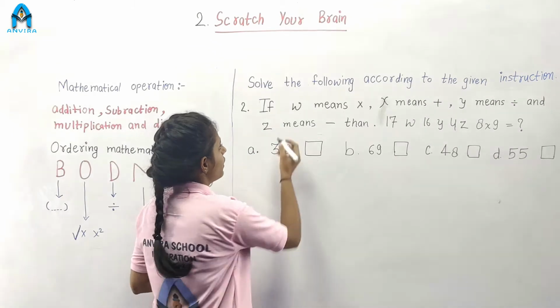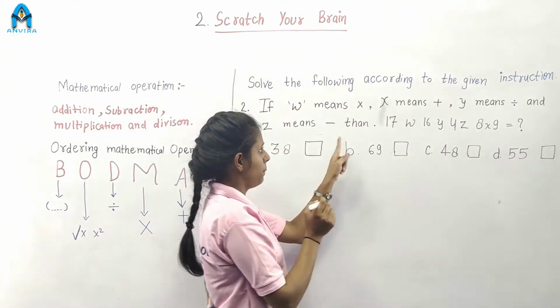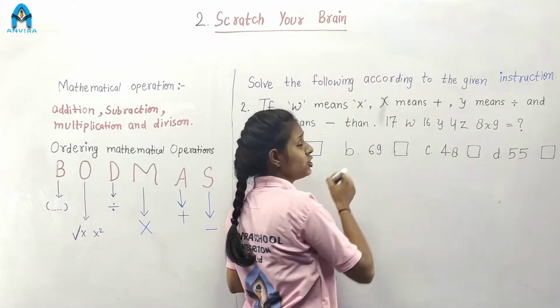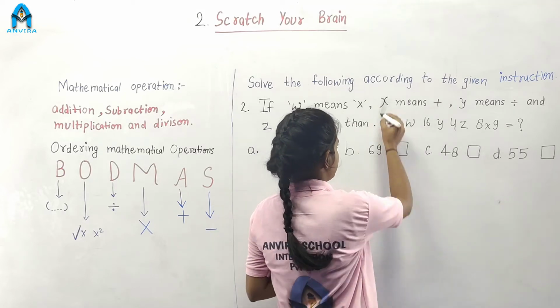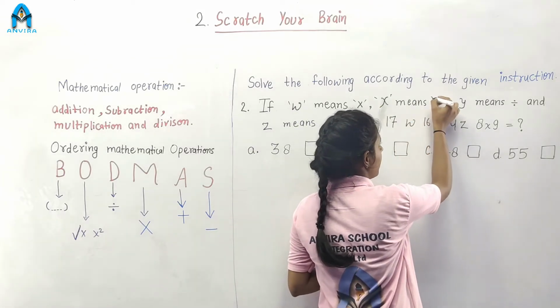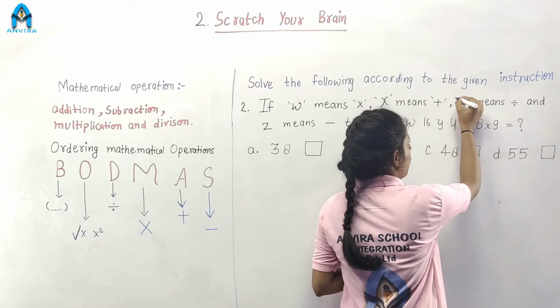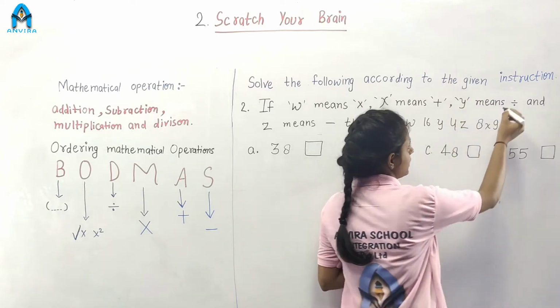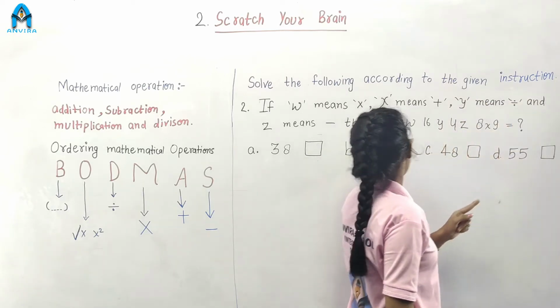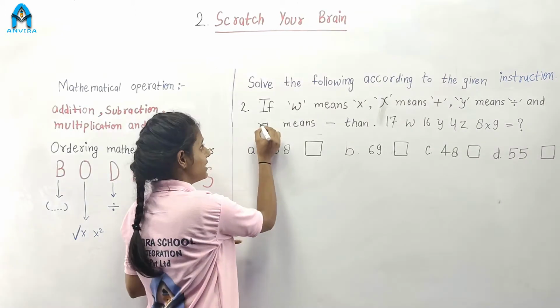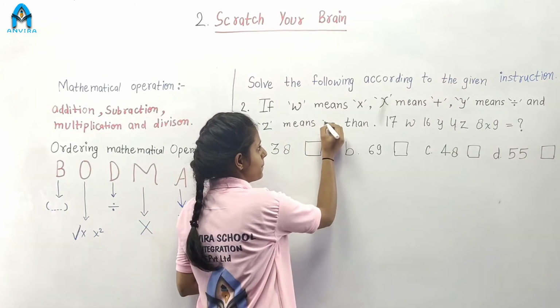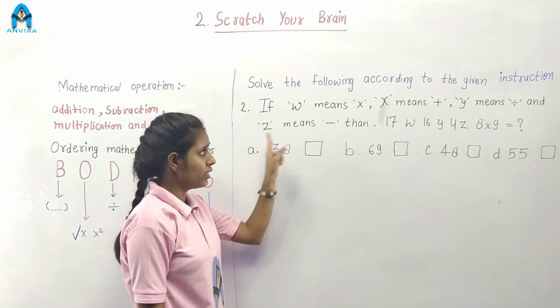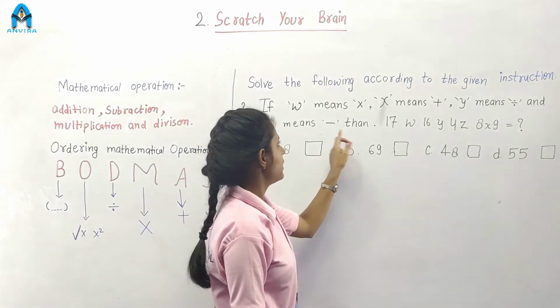If W means multiplication, X means addition, Y means divide, and Z means minus. So here we solve this.